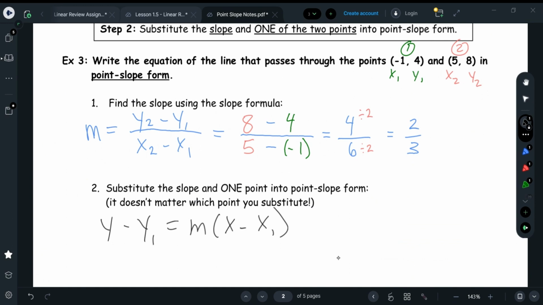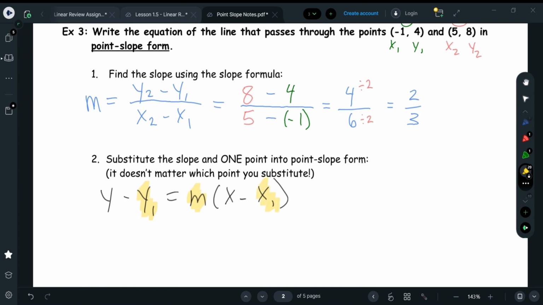Now we're going to plug in 3 numbers. We're going to plug in y1, plug in the slope, plug in the x1. Okay, so let's do this here. Y minus, and I'm going to use this point right here. So my first point, which I already labeled y1, is a 4. So I'm going to do this.